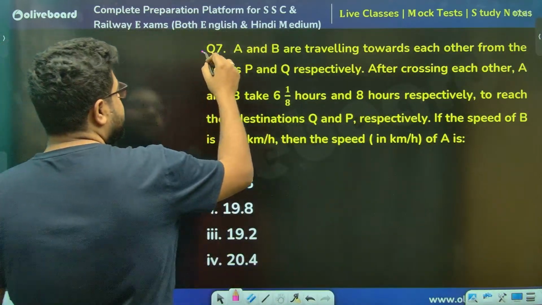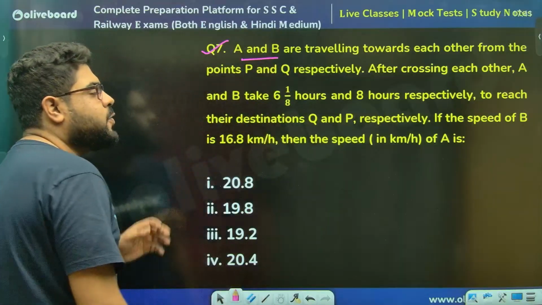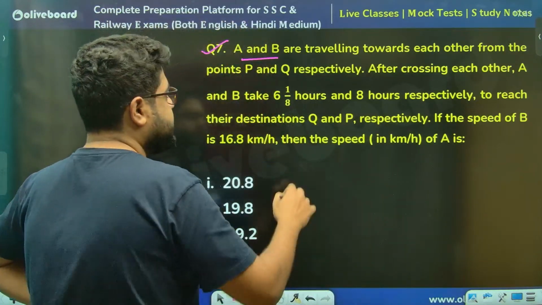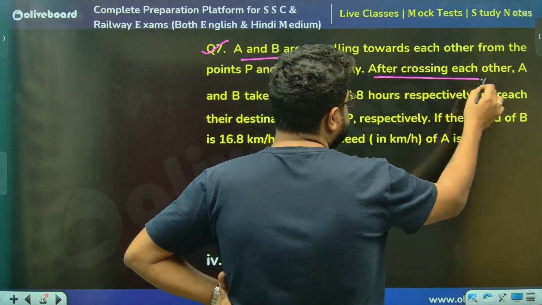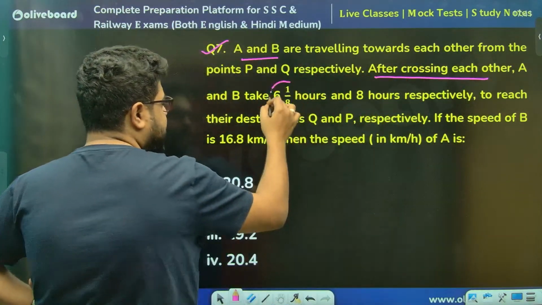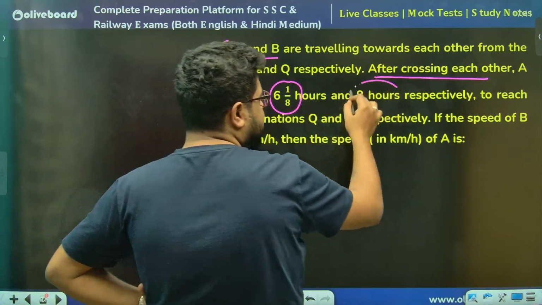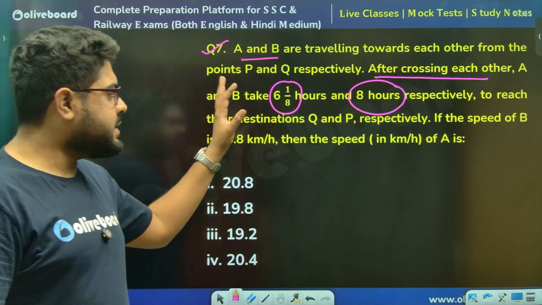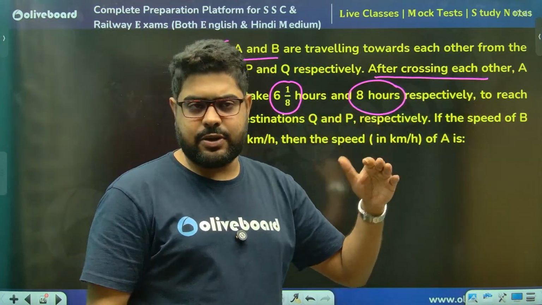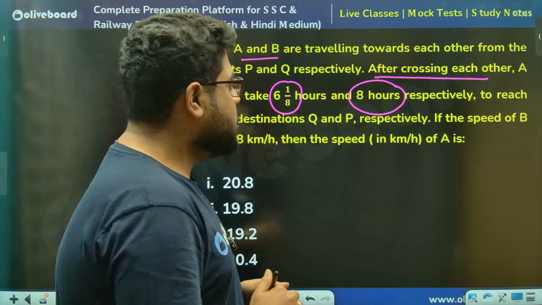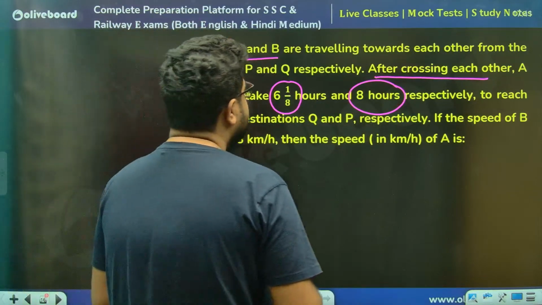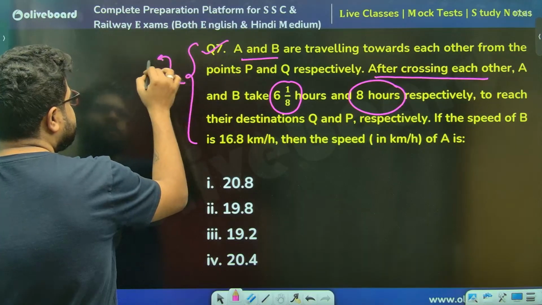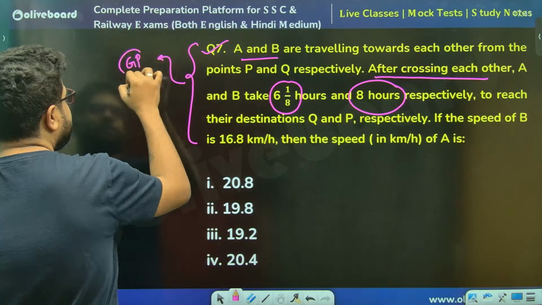Sir, A and B are traveling towards each other. Identify one particular phrase: after crossing each other, A takes some time and B takes this time to reach their respective destinations, because they are coming from opposite sides. Always remember, whenever you get this situation, it is GP.